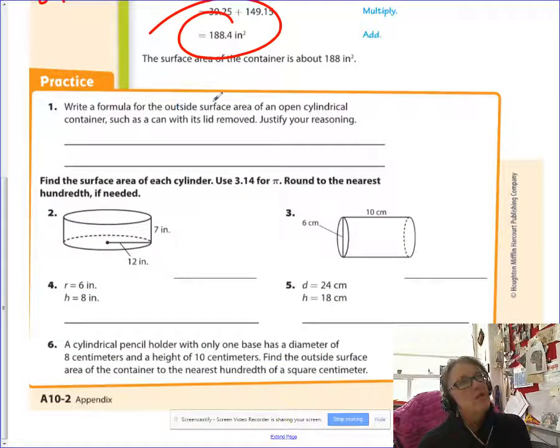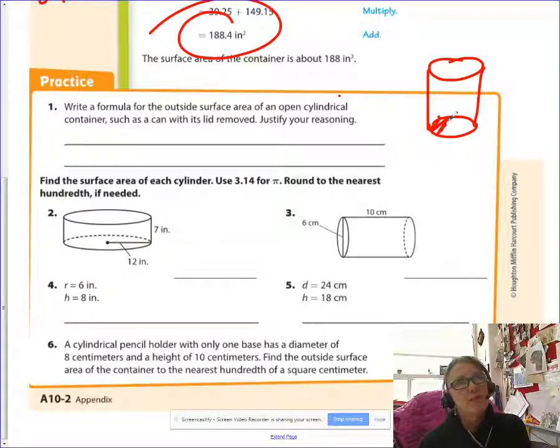Okay, so: write a formula for the outside area of an open cylindrical container, such as a can with its lid removed. Okay, here's what this means. You have a can, but it doesn't have a top lid, it only has the bottom.